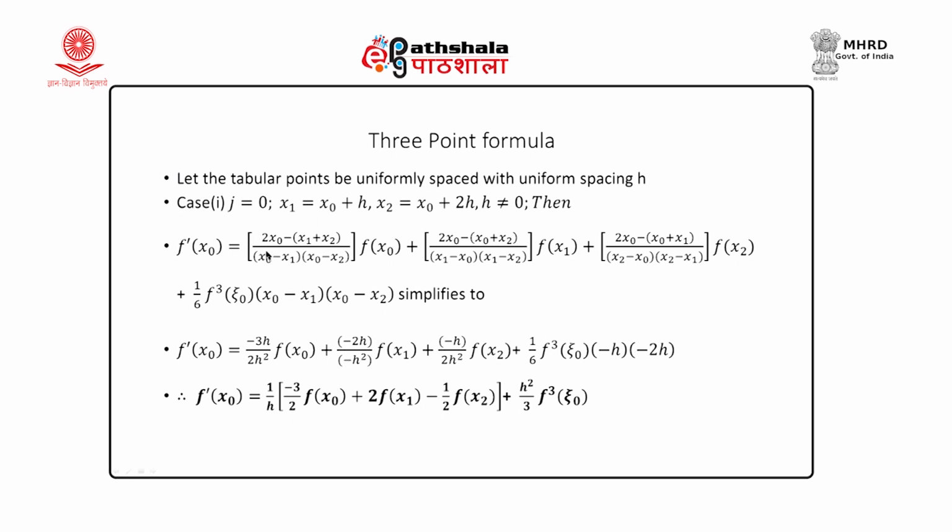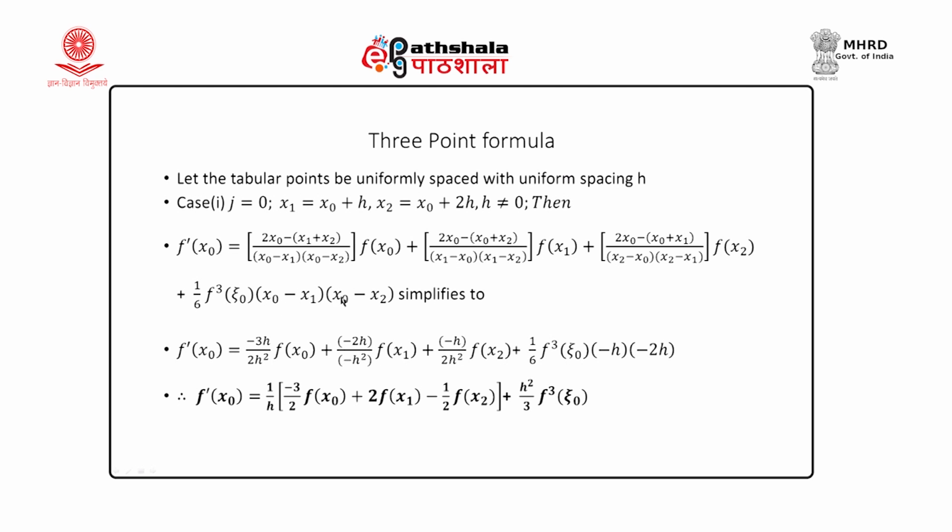So, f dash x0 is, in the formula of L0 dash xj, I am putting x equal to x0, we get 2x0 minus x1 plus x2 upon the denominator, which is the product x0 minus x1, x0 minus x2, f x0, plus the second term you will get 2x0 minus x0 plus x2, x1 minus x0 into x1 minus x2, f x1, the third term will be 2x0 minus x0 plus x1, x2 minus x0 into x2 minus x1, f x2, and the error term 1 by 6 f3 at the point xi0, we are calling it, and the product of xj minus xi, xi different from xj.